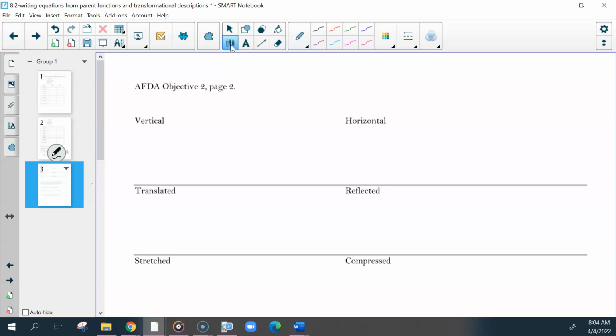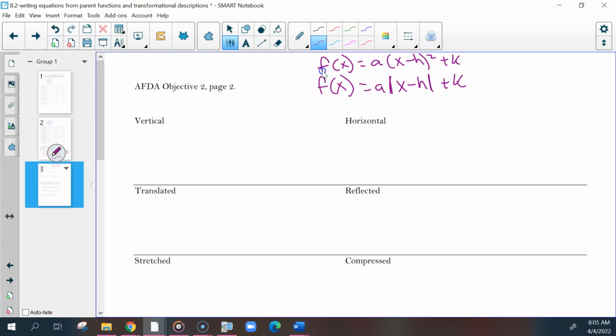Somewhere on your paper, write these two equations. One of these should look somewhat familiar from when we were doing quadratics. And I talked about the vertex form. This is that vertex form.